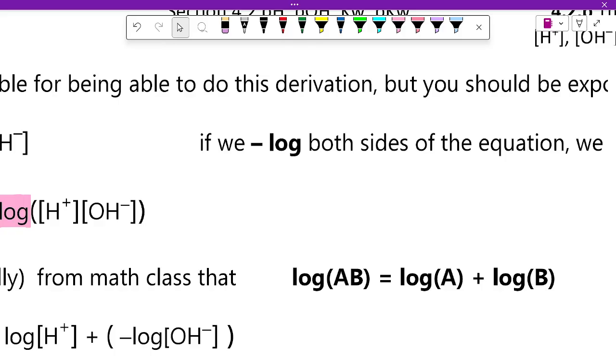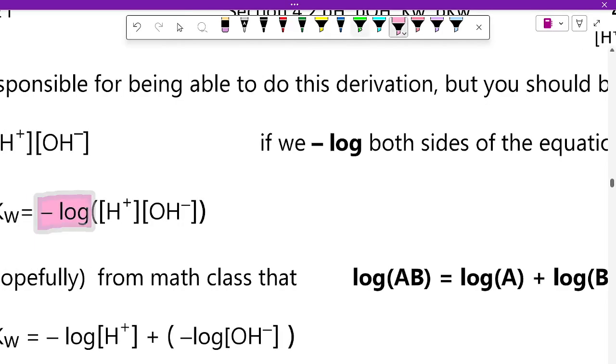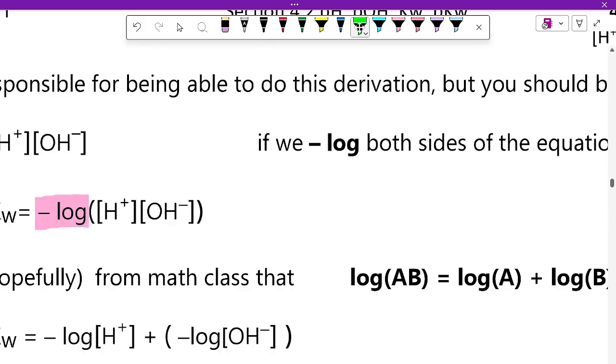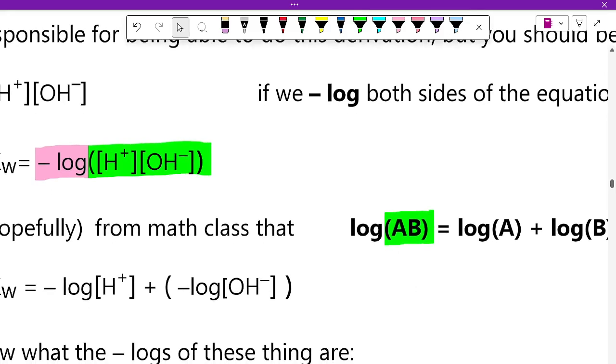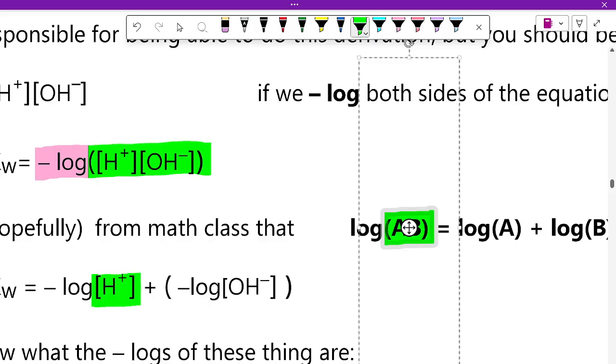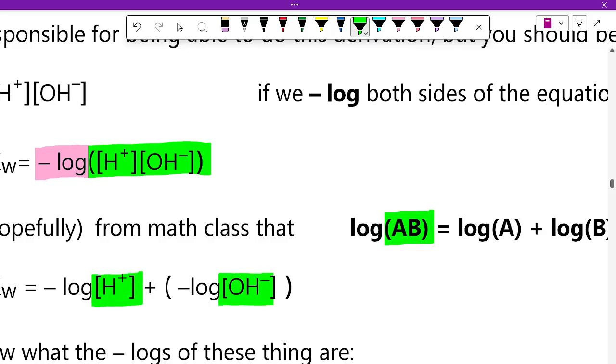And look what we have here: the negative log of A times B, H times OH. So from a mathematical standpoint, we can say we have the negative log of H plus the negative log of OH. We're just throwing the negatives in there because chemists are weird.